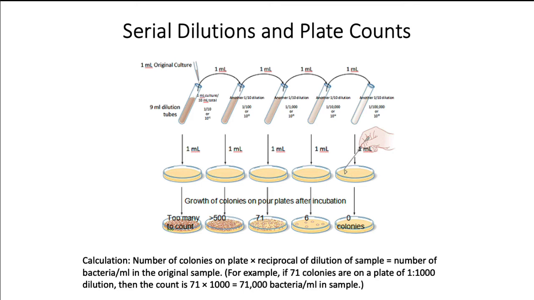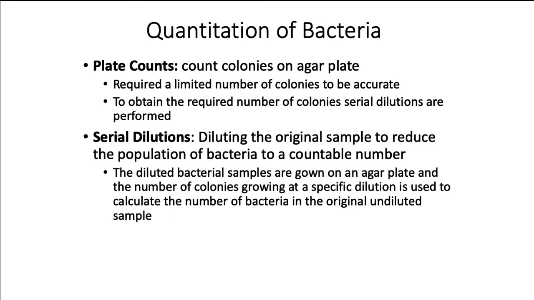So how do you know how to dilute that suspension that you want to quantify if you have no idea how many they are? So that's why we do serial dilutions. So it's a way to dilute the sample, so at some point you're going to get a countable number of colonies.